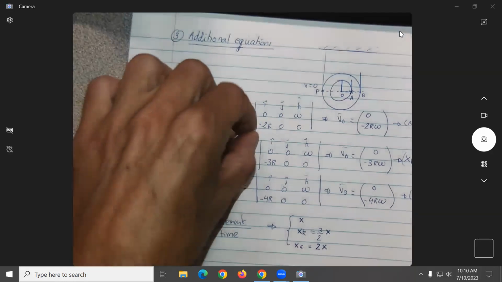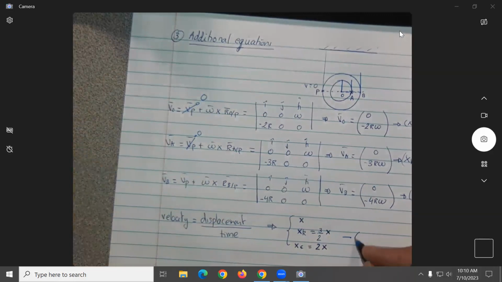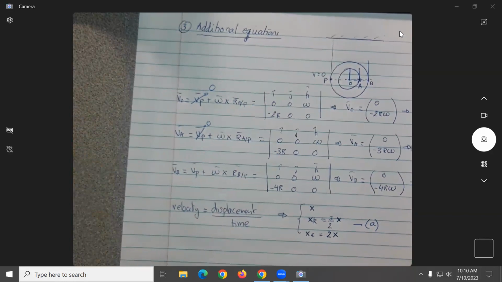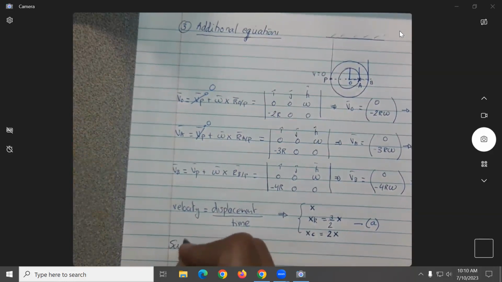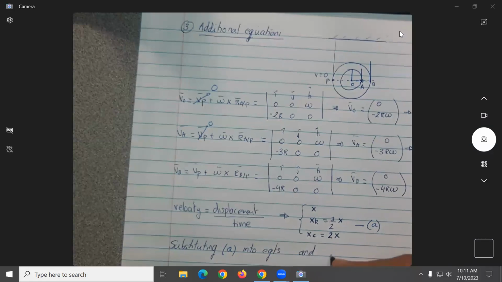So let's go step by step. Let's call these equations here equations A, and let's substitute equations A into equations 1 and 2.